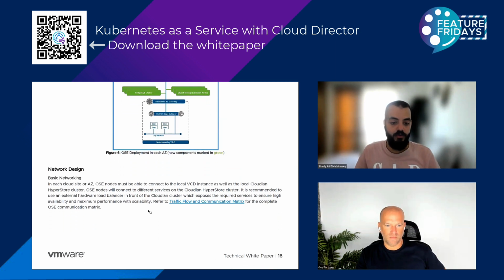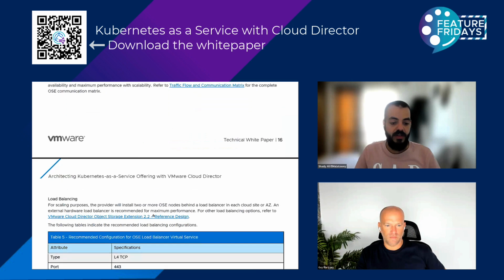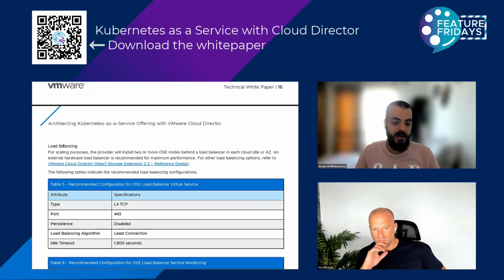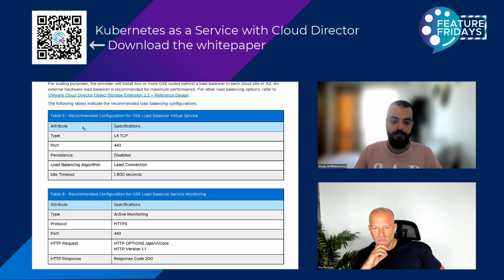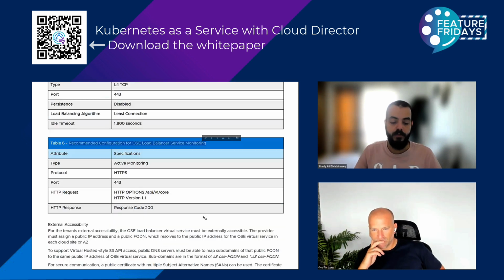Under OSE, I already detailed the load balancing specs that OSE requires for a multi-node OSE instance: what is the recommended virtual service configuration, what is the recommended health monitoring, and so on.